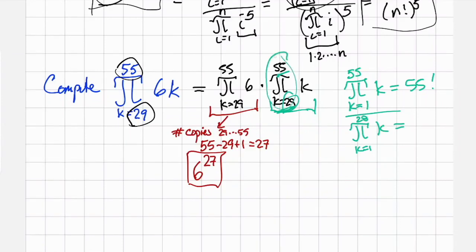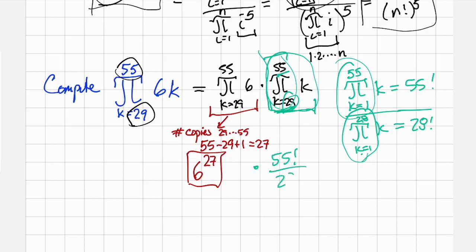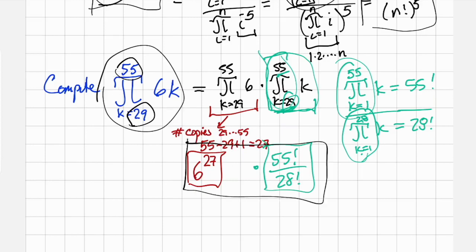So the product where the index goes from 29 to 55 is the same as the product where the index goes from 1 to 55 divided by the product where the index goes from 1 to 28. That, in turn, is 28 factorial, and so this second factor of the product is 55 factorial over 28 factorial. And so this product evaluates to 6 to the 27th times 55 factorial divided by 28 factorial. That's it for now. See you soon.